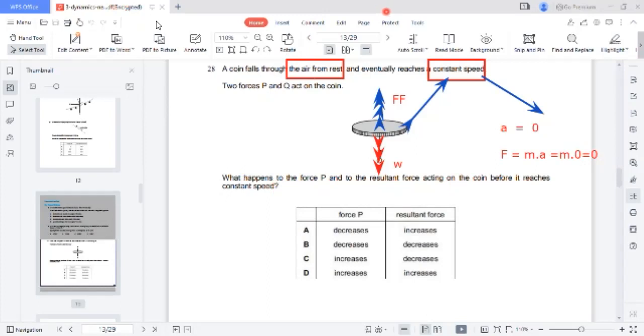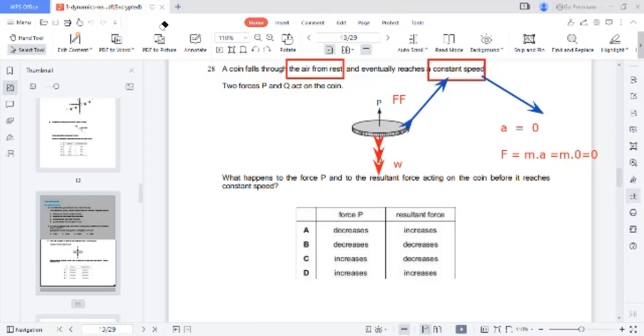Before constant speed, when it becomes constant, then P and Q would be equal. The friction force and weight are equal. Before that, weight is greater than the P force. P is a friction force.